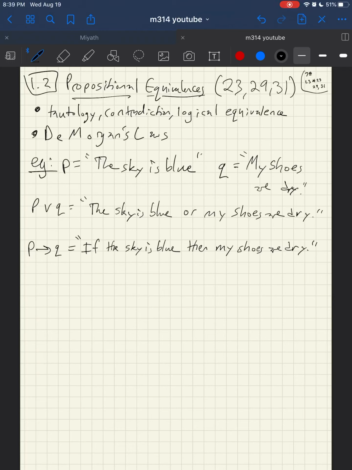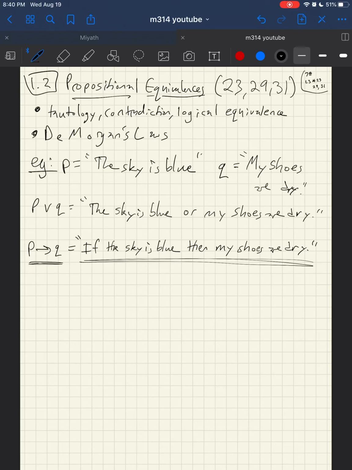Now we want to be really careful here because there are a bunch of different logically equivalent, I haven't defined logical equivalence yet, but there are a bunch of different ways to say this in English that don't look like that. One of them is something like, the sky is blue if my shoes are dry. There are a lot of different tunnels you can go down to get confused and mess things up, so I'm going to avoid a lot of this word play.